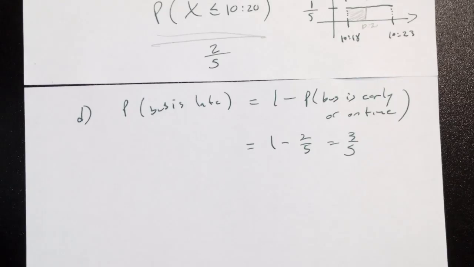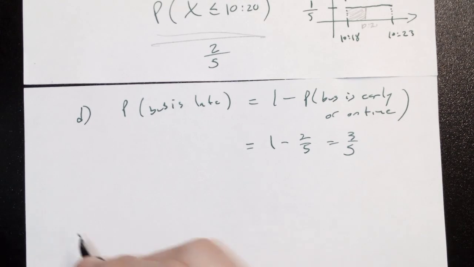The continuous version of the binomial is called the Gaussian or normal distribution.